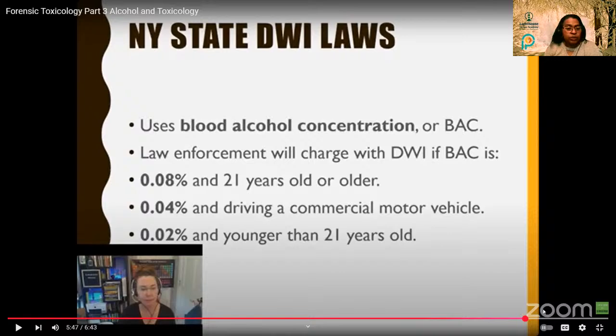Now that says New York State, but it's pretty much the same in Georgia. DUI is kind of standard everywhere.